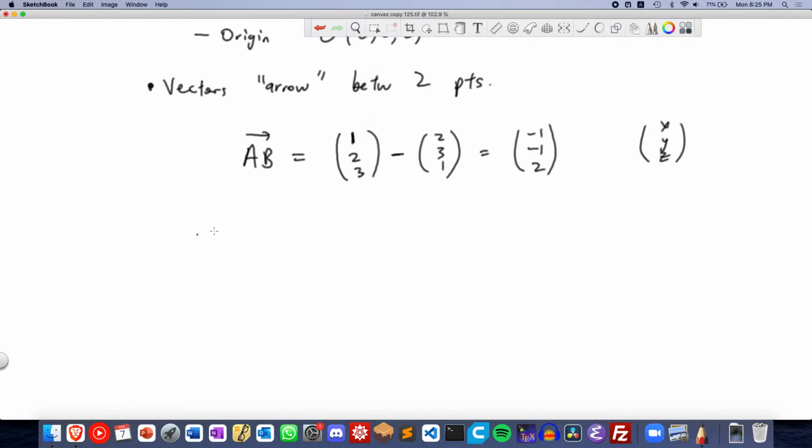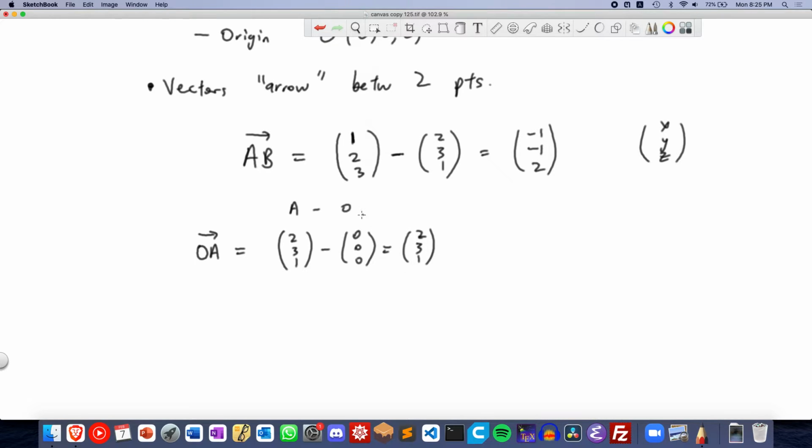So previously we talked about the origin. What is special about the origin? The thing that's special about the origin is that if we want to compute the vector OA, we take the coordinates of A minus the coordinates of the origin. So that will look like 2, 3, 1 minus 0, 0, 0, which is just 2, 3, 1.